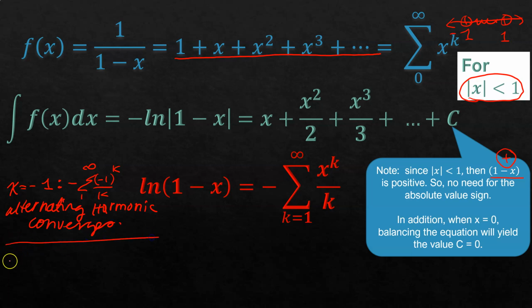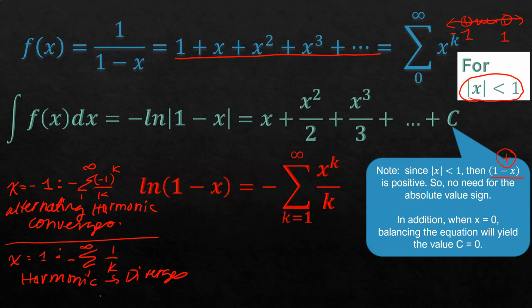However, when x is 1, what are we going to get? We're going to have the negative in the front, sum from 1 to infinity, and then we'll have 1 over k. 1 over k is the harmonic series, and the harmonic series diverges.